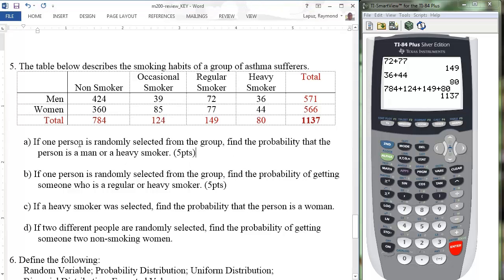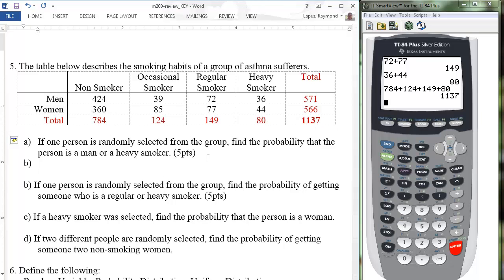Alright, let's see if we can answer these questions, and let's use the appropriate notation as well. One person is randomly selected from the group. Find the probability that the person is a man or a heavy smoker. So the probability that this person is a man or a heavy smoker.